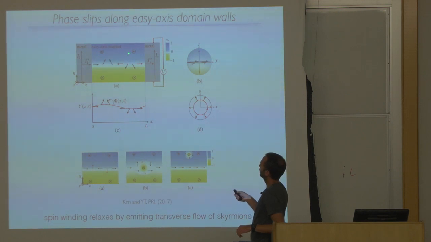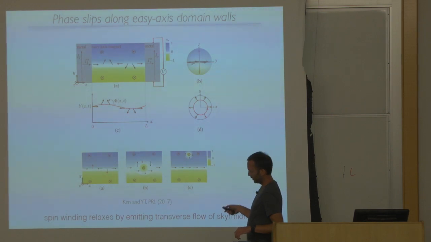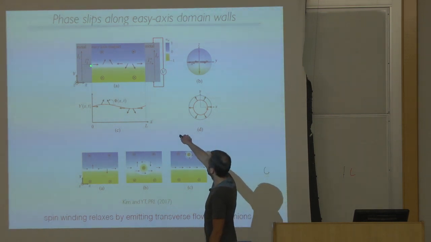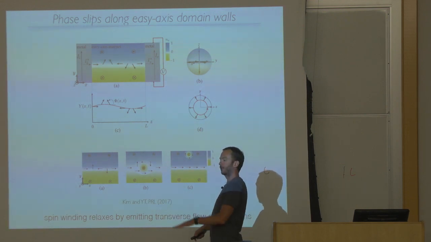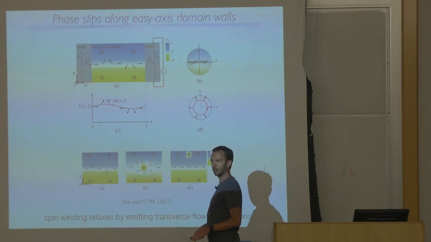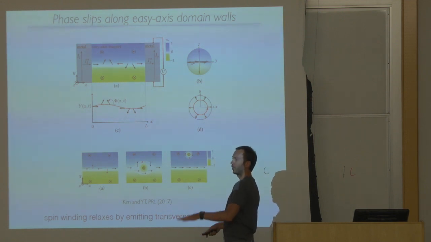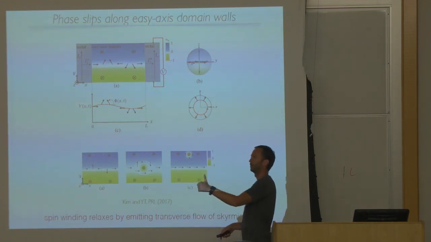So if magnetization goes from, let's say, up to down, the easy axis is out of the plane, so again a two-dimensional or three-dimensional material, the domain wall is a contour along which magnetization lies precisely in plane. Let's define the domain wall as a contour along which magnetization out of plane is 0.